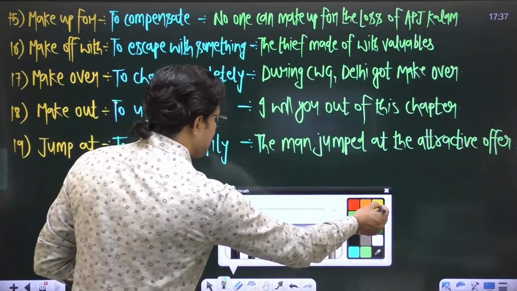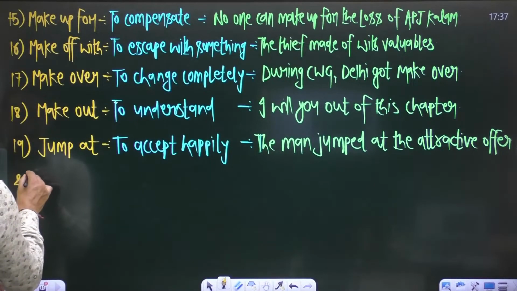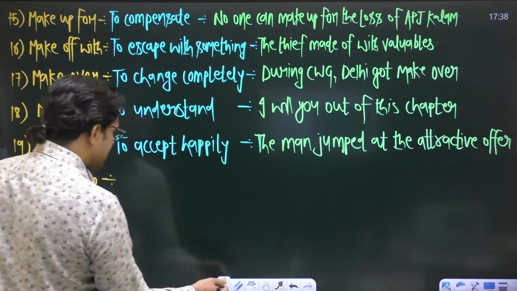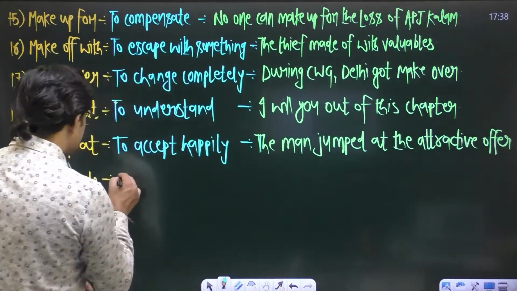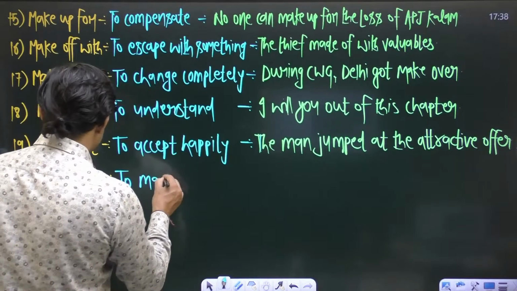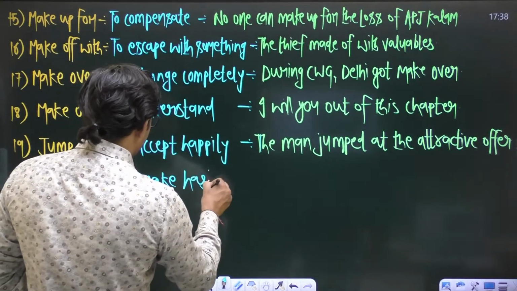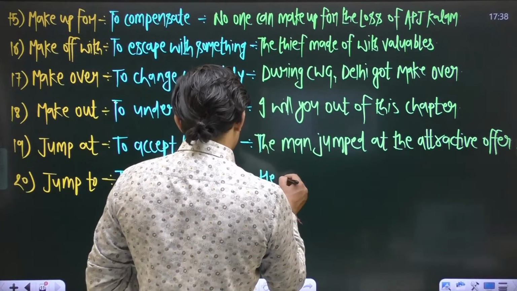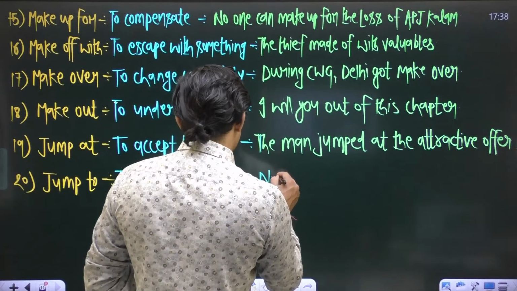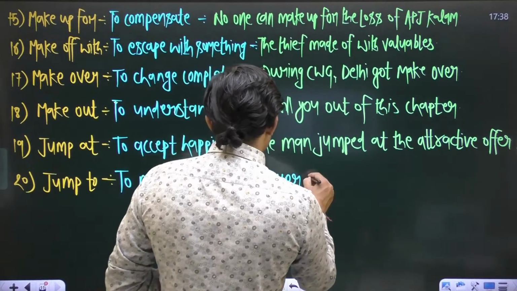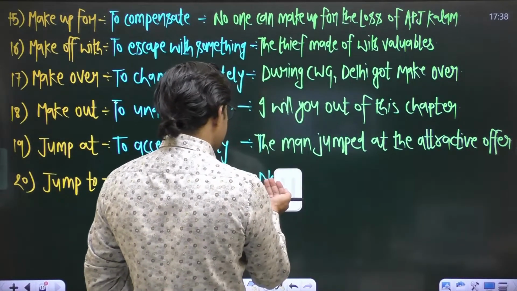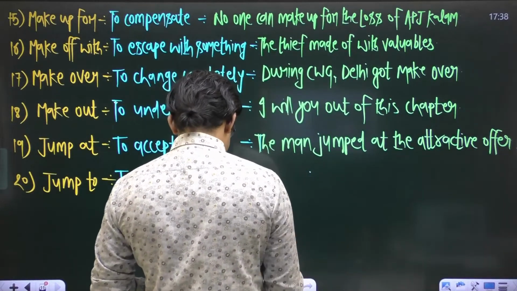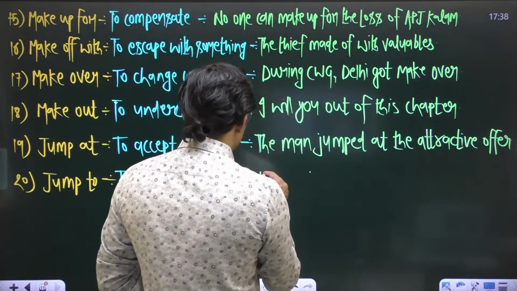Next phrasal verb is jump to. Jump to means to make haste, right? And the sentence is, never jump to the conclusion.